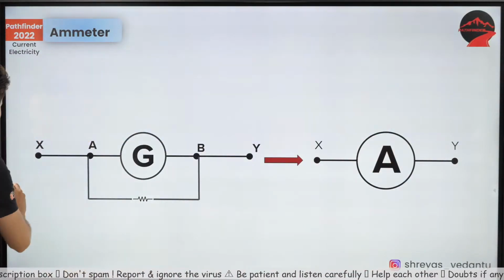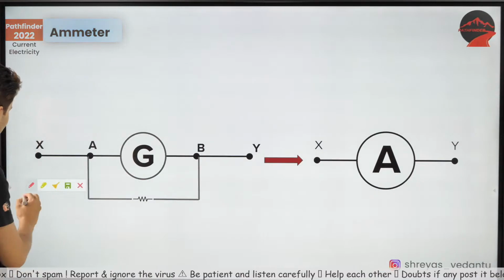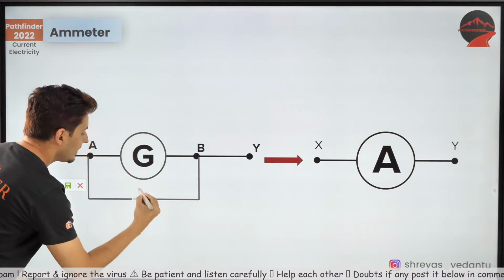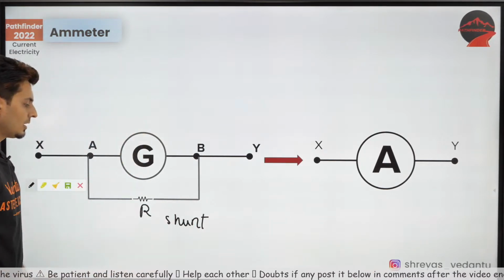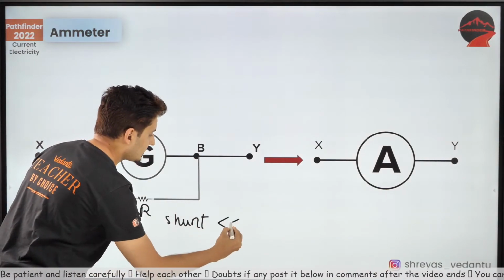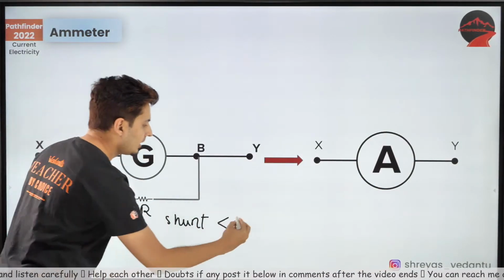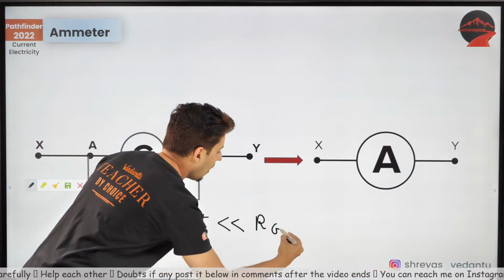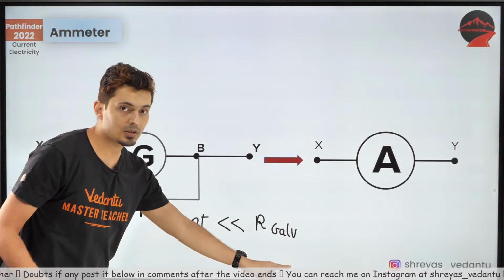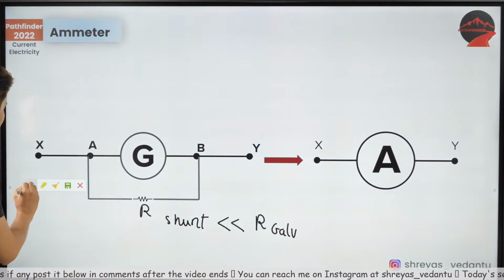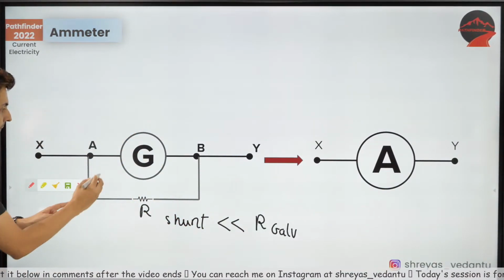Now what is this resistance in parallel called? This resistance in parallel is called the shunt resistance. Usually this shunt resistance is much smaller than the resistance of the galvanometer. Now because of that, what should happen?